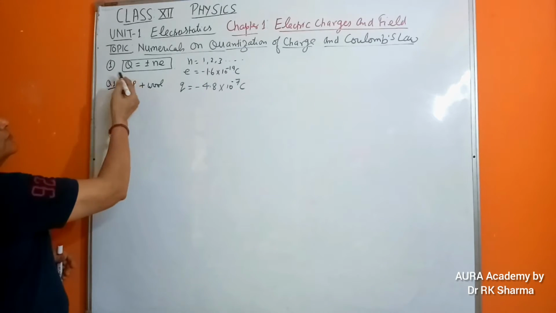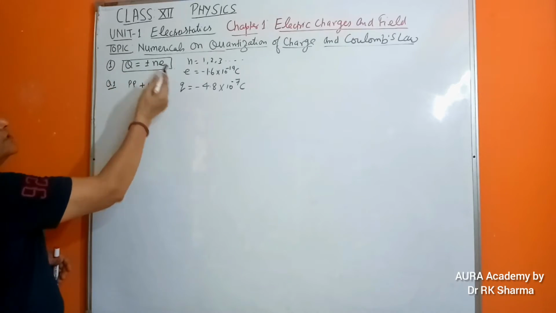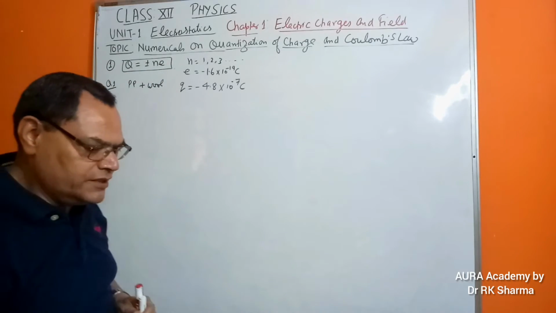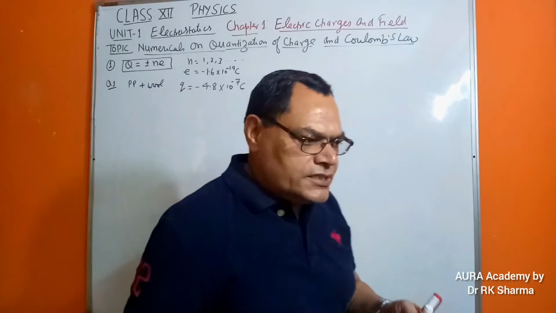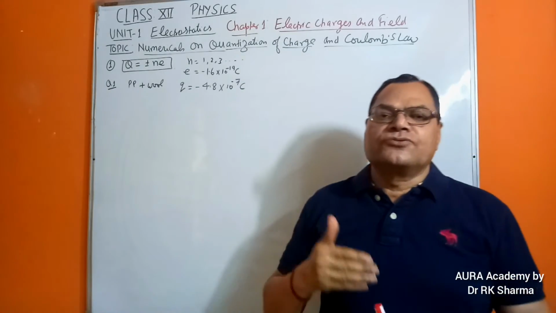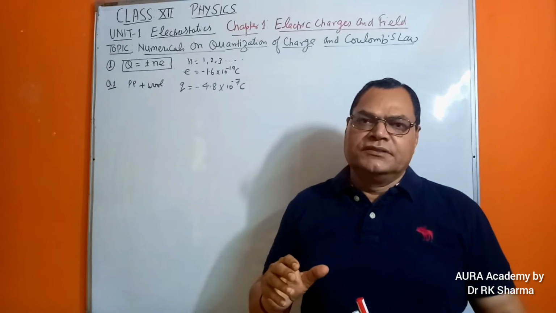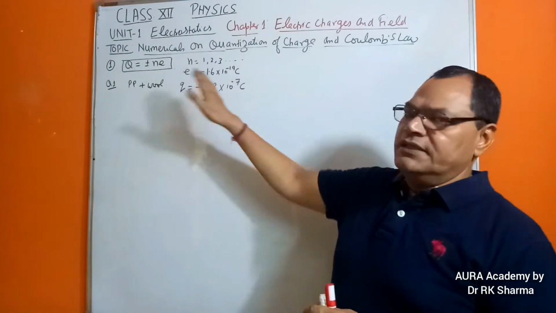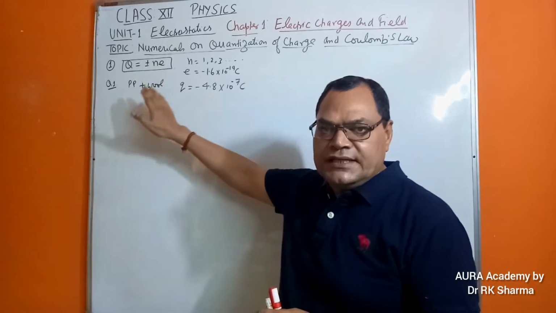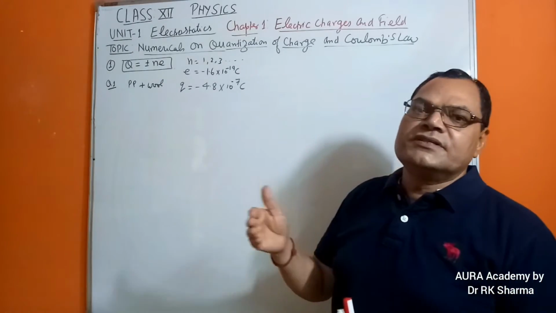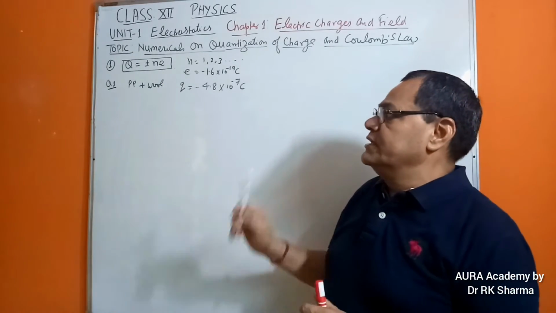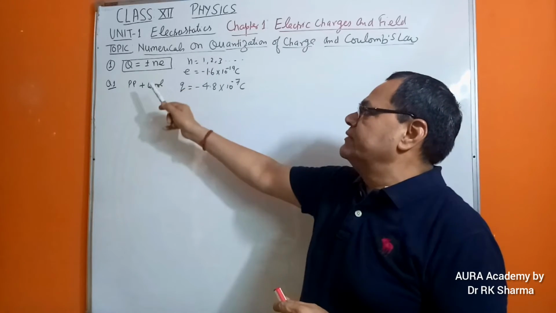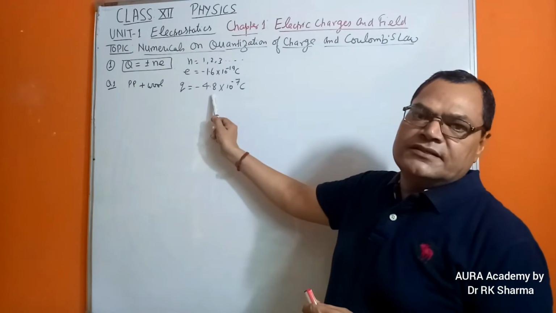As I told you, the major formula is Q equals ne. It is very easy to solve any numerical problem if we know the relevant formula. So please read the question, note down the data given and the data to be calculated. Here I know that when they were rubbed against each other, the charge transferred is this.